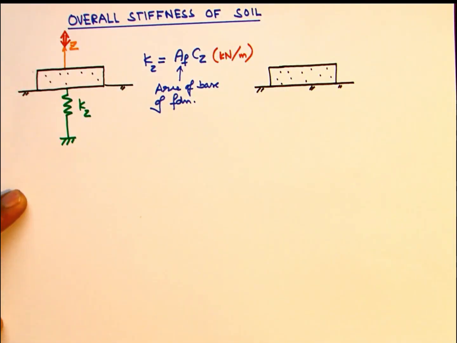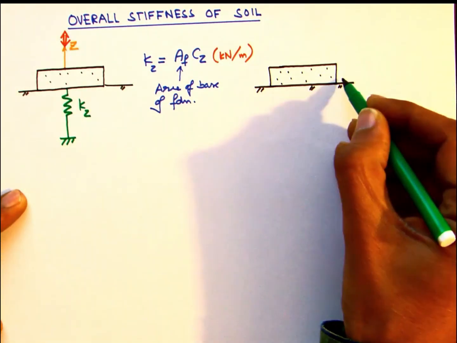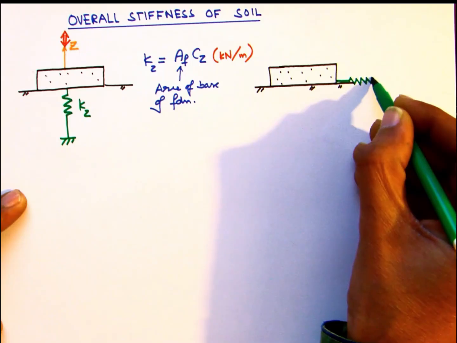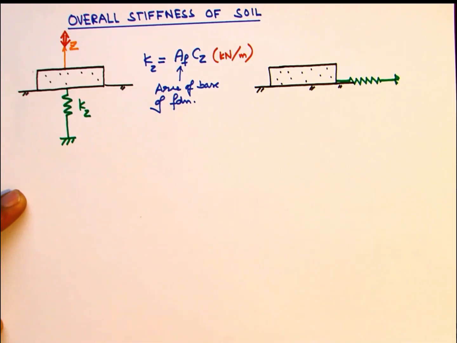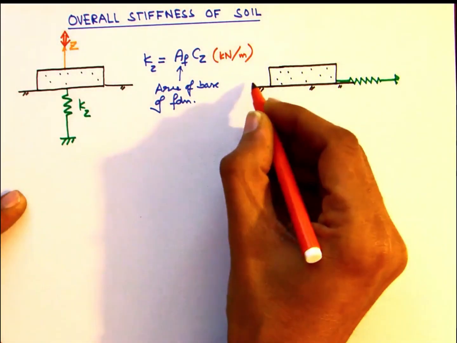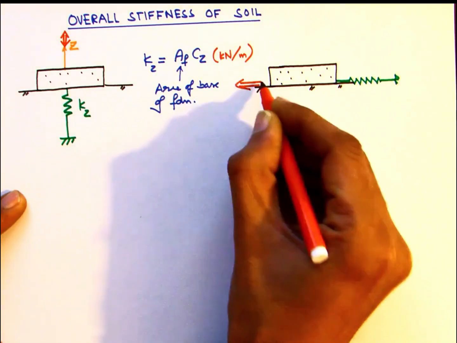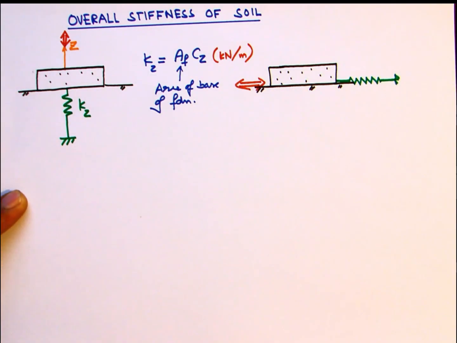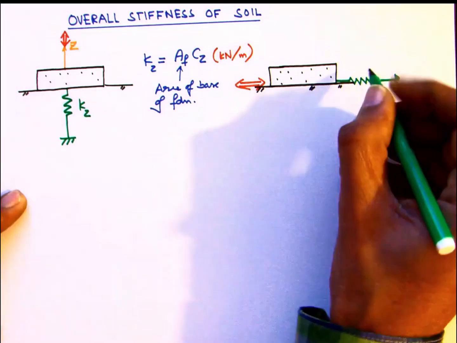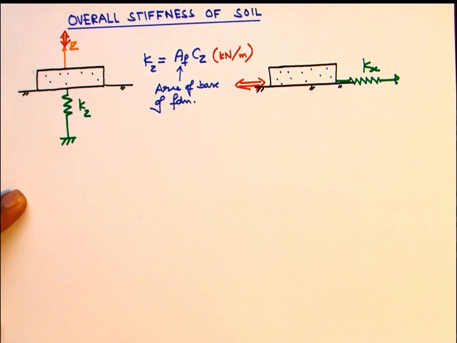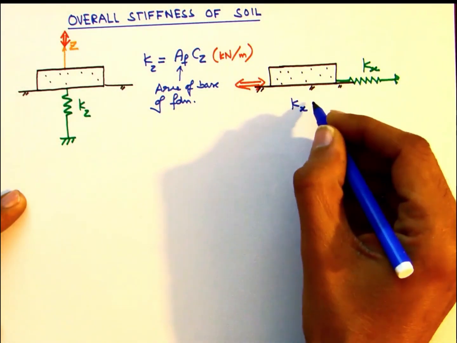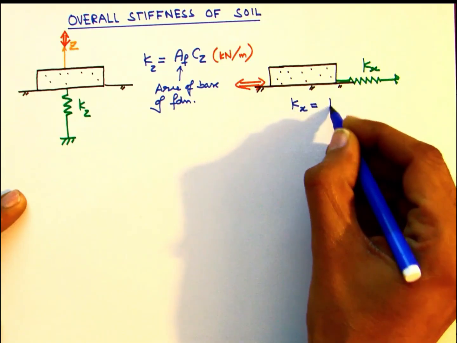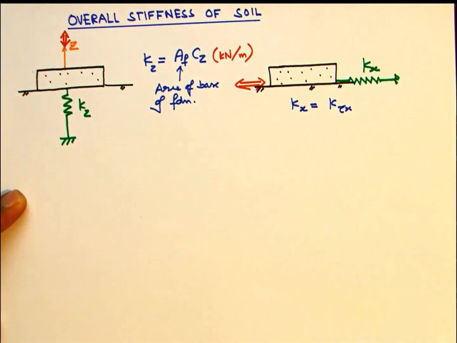Now, when the block is under the action of horizontal vibrations, that is some kind of reciprocating machine imparting its force in the horizontal direction, and the soil undergoes shear type of stresses, this interaction between the block and the soil can be represented in terms of a horizontal spring with a spring constant Kx. This Kx can be expressed in terms of the coefficient of elastic uniform shear.